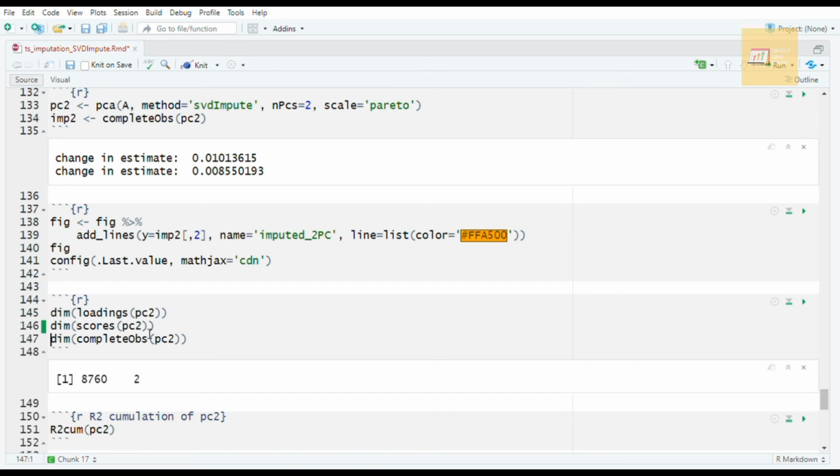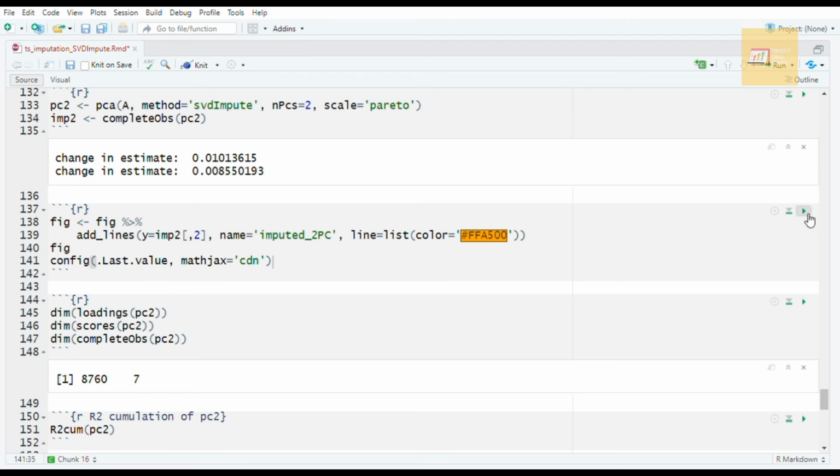Then the dimension for the scores, because the scores are actually the data set itself but projected to a new coordinate system, is 8,760 rows, the total observations or time steps in our time series, and 2 columns for the 2 principal components. And the dimension of complete observation is 7 columns instead of only 2, because again, SVDImpute does the imputation for all variables.